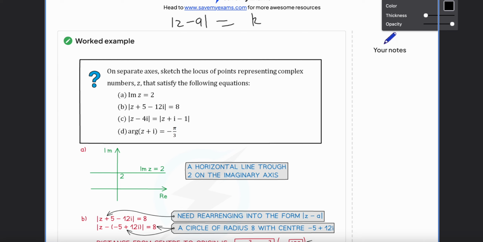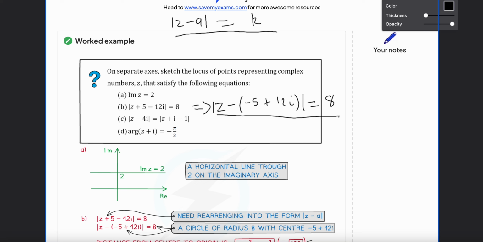So I need to manipulate it in such a way that I have z minus, right? So if I factor out a minus, this becomes modulus of z minus minus 5 plus 12i is equals to 8. So now this is exactly of the same form. I can compare z and z, minus and minus, and where there is a, I now have minus 5 plus 12i.